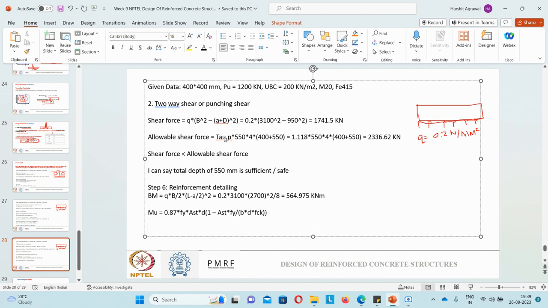Upon solving, you will get Ast as 2951.4 mm square. Now what is Ast minimum? Since this is Fe415 steel, Ast minimum is 0.15 percent of gross area. So 0.15 into 0.01 times 550 into 3100. So just do the calculation.